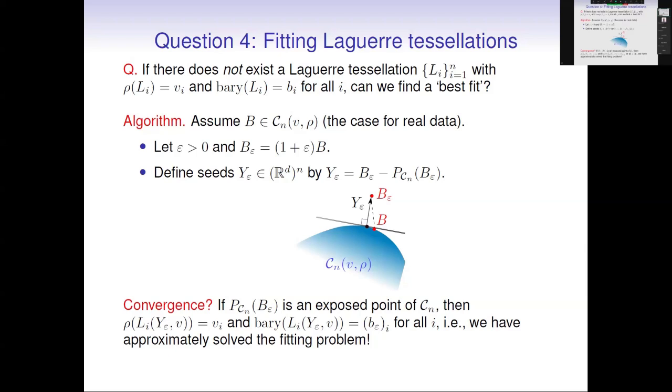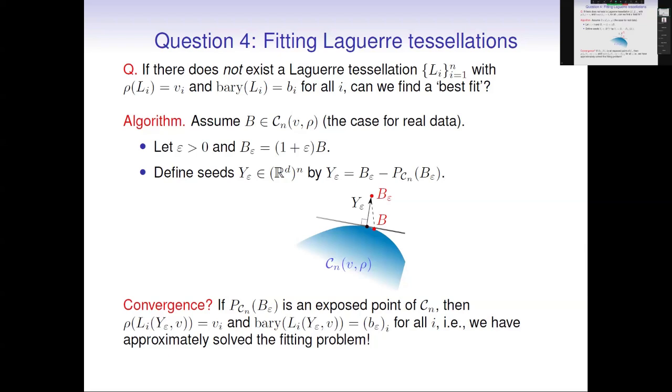The barycentres won't quite be what you wanted, the B_i, but they'll be the B epsilon_i. So they're dilated a little bit, but you can choose epsilon to be small. And this is a practical algorithm in the sense that it's projecting onto a convex set. It is a convex optimization problem, so that will give you the seeds. And once you've got the seeds, you can find the weights by solving the optimal transport problem, which is also convex. So it's a practical algorithm.